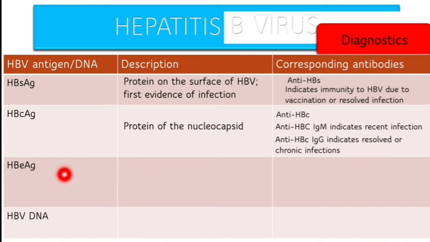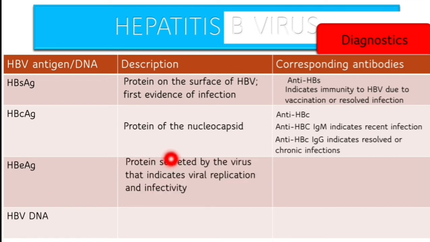Our next antigen is HBV envelope antigen. This is a protein secreted by the virus that indicates viral replication and infectivity, right? You can remember it by saying, if you look at this E, it marks existence. So it's highly infective and replicating, so it's existing.